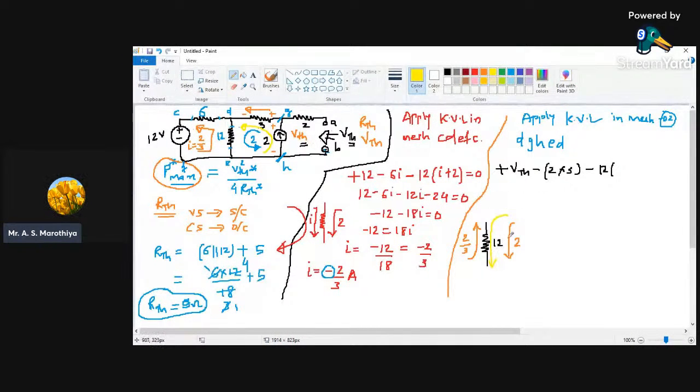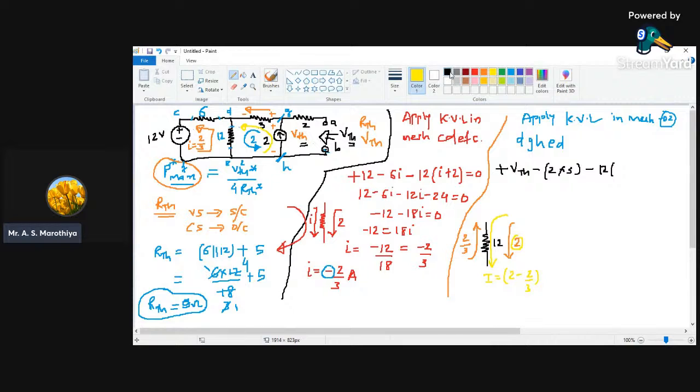So what will be the resultant current? This I is going to be equal to 2 minus 2 by 3. Why do I need to take minus? Because both the currents are in opposite sense. This 2 ampere is downward, this 2 by 3 is upward, and we are reading the circuit in the downward sense. That's why we need to take 2 as positive.